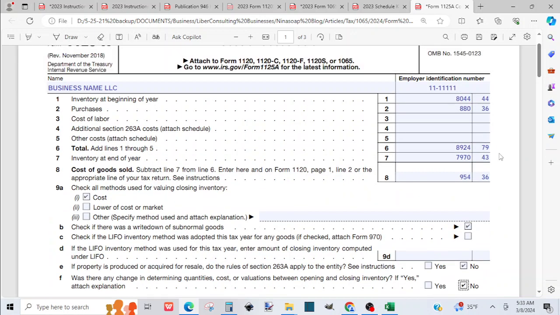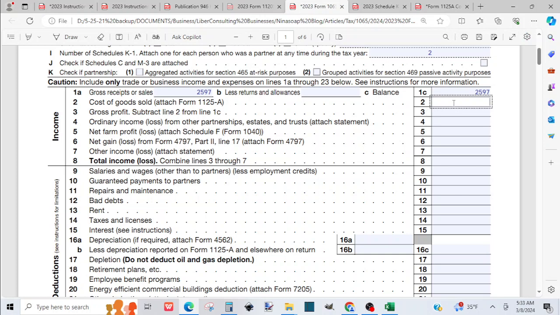now we'll take our number from here and we'll go to our form 1065, 954, I believe, and we will add it. Gross profit. So gross profit here, we are going to do subtraction of line 1C and line 2.